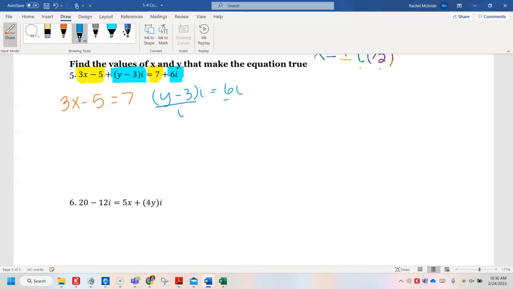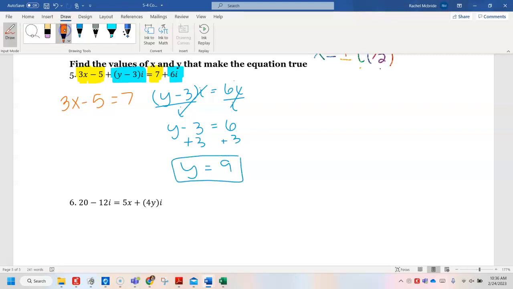Every time you have the imaginaries, you'll be able to divide away the i's. So you end up with y minus 3 equals 6. Then you solve for y, so you add 3 to both sides, and we get y equals 9.